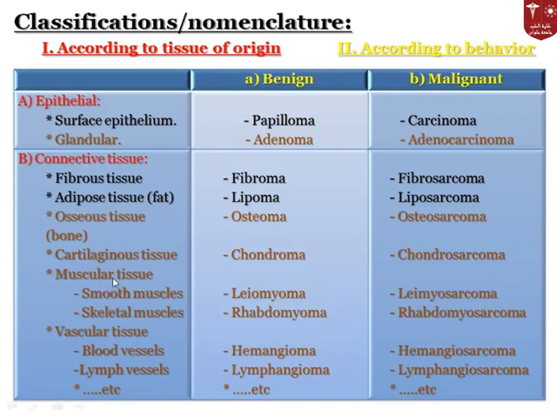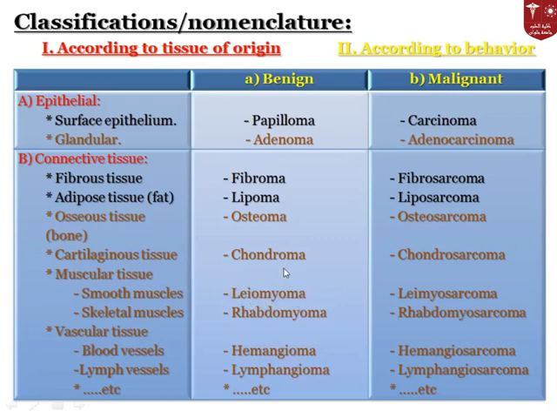But muscular tissues, muscles, have different types, like smooth muscles, which are involuntary, non-striated muscles, and skeletal muscles, which are voluntary and striated. So smooth in Latin is leio. So a benign tumor arising from smooth muscles is called leiomyoma.